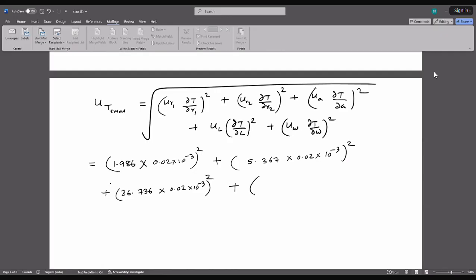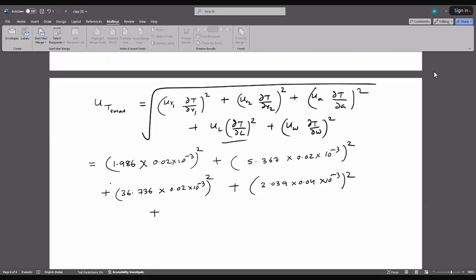Then U ∂T over ∂L, this term is 2.039 into 0.04 into 10 to the minus 3, square.